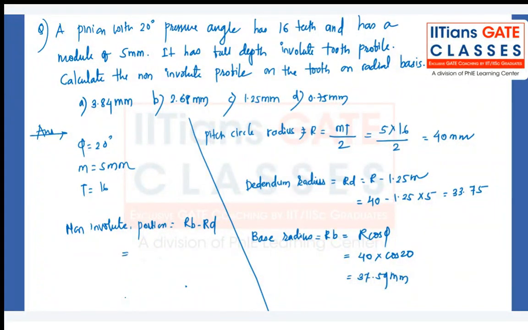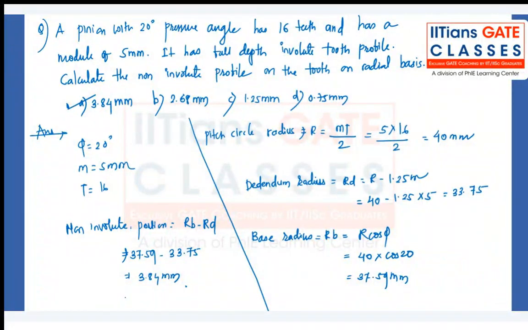And then you take the difference. 37.59 minus 33.75 is 3.84 millimeter. Okay, option A is correct.